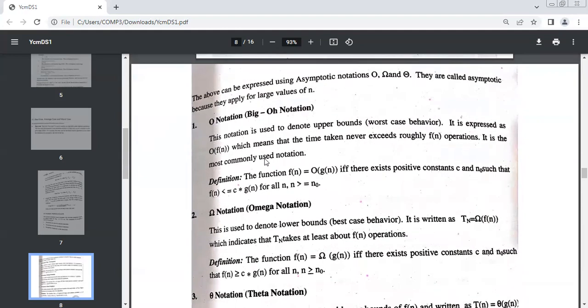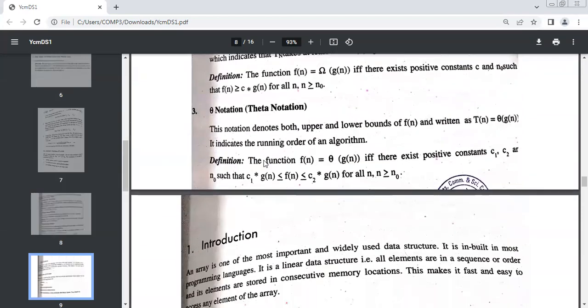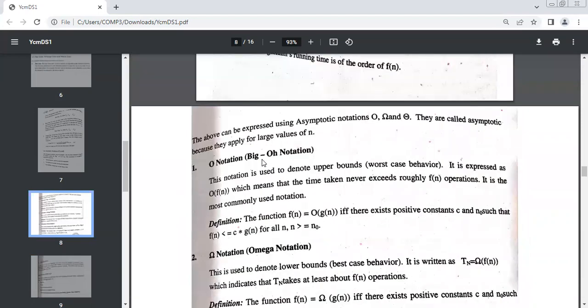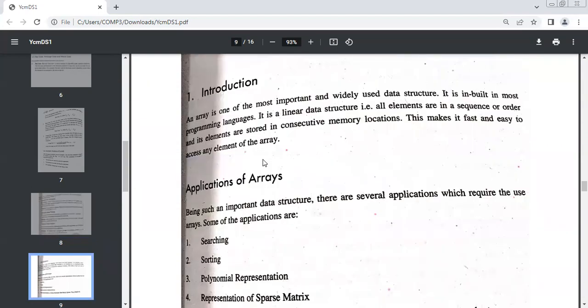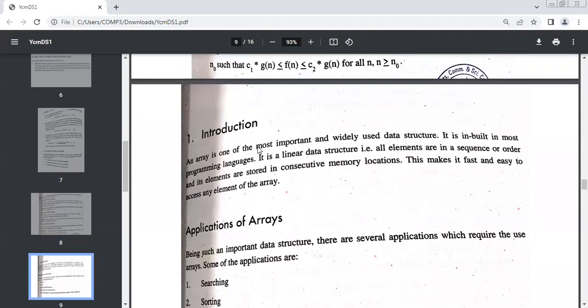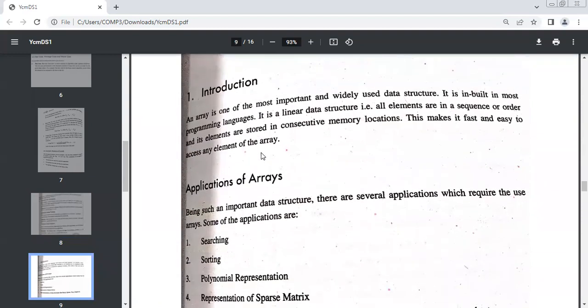These three notations are used: big O notation, omega notation, and theta notation. Okay, clear? So this is the algorithm concept, how to calculate the space complexity and time complexity, and to analyze the algorithm on some criteria. These cases are best case, worst case, and average case, and the notations.